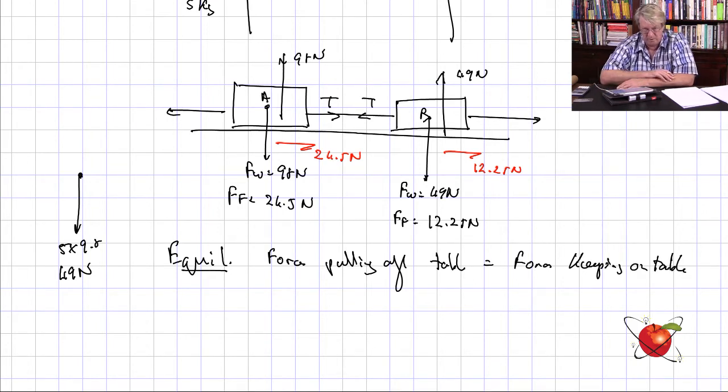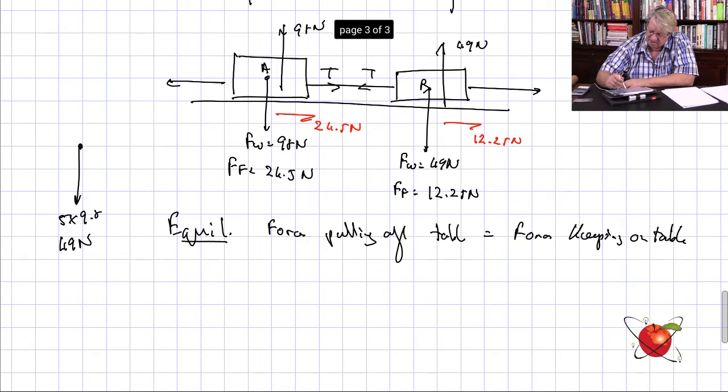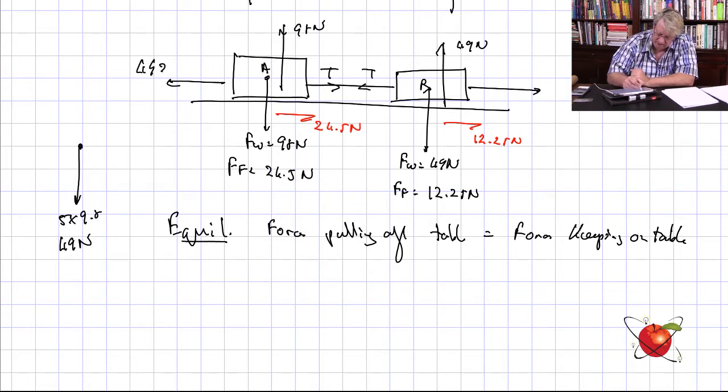That's quite straightforward because at equilibrium we don't need to include the tension between the 2 blocks. We can then say, have a look, this 49 is there.